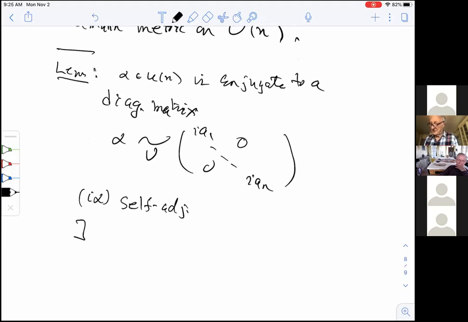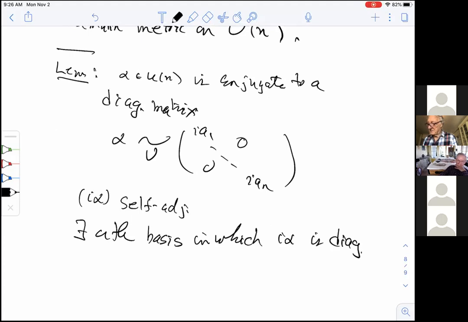So there exists, by a standard argument that we teach our calculus students, an orthonormal basis in which i alpha is diagonal. So in this basis, i alpha is some a_1 to a_N, a_i real.